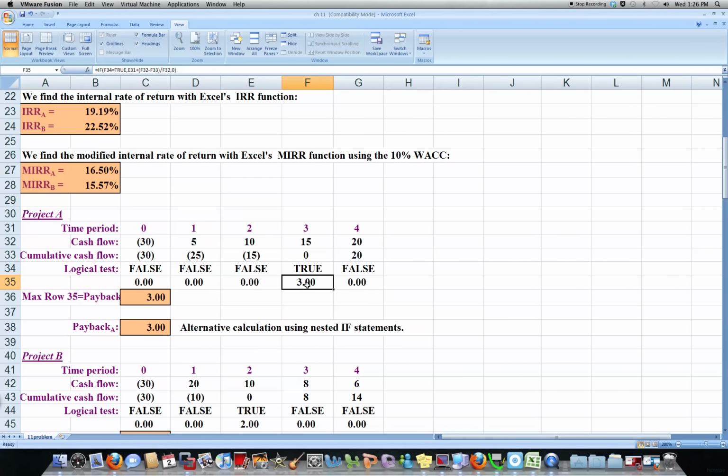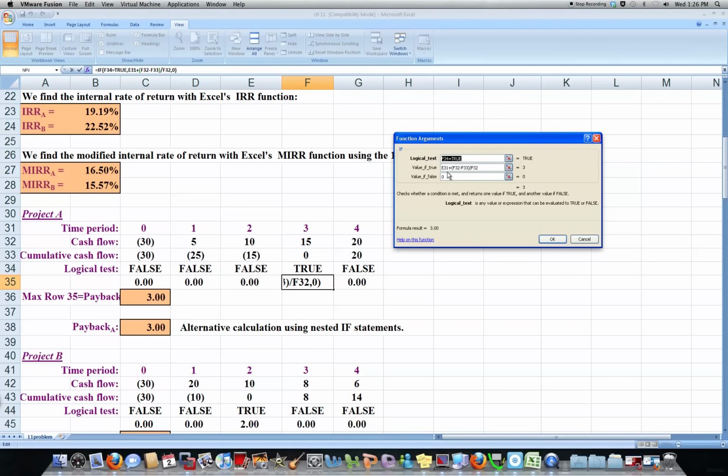If E34 is true, then we're going to do this calculation: E31, which is 2 right here, plus F32 minus F33 divided by F32, and that'll give you your payback.